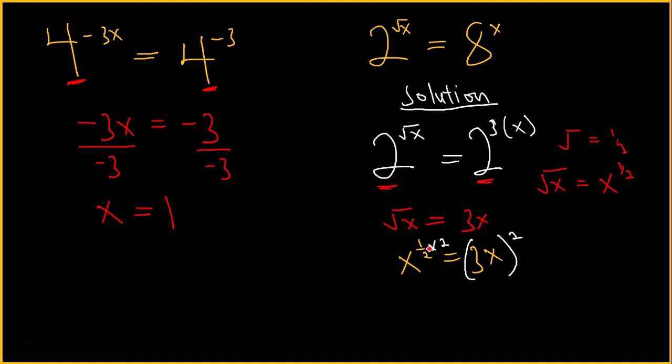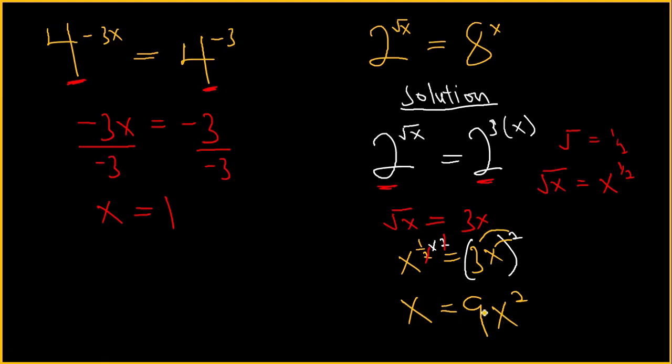So we have 2, getting rid of 2, and we have x. So we have x raised to the power 1, which is the same thing as x, equals, we have 2 multiplying 3 giving us 9, and then we have 2 also multiplying x giving us x squared. So we have x equals 9x squared.